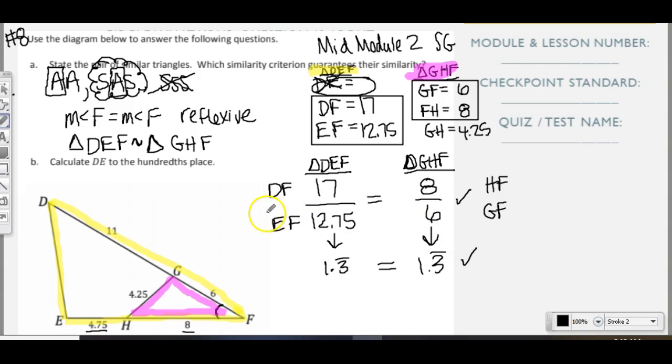So we have to make sure that D is lined up with H and that E is lined up with G. Is that happening in our similarity statement? Aha, it's not. So how can I fix this? What should my second triangle be called instead? Yeah. The orientation is just a little bit different.